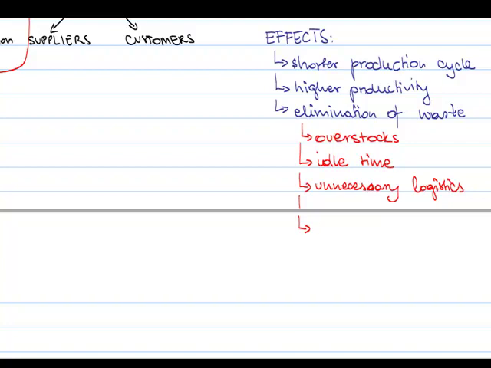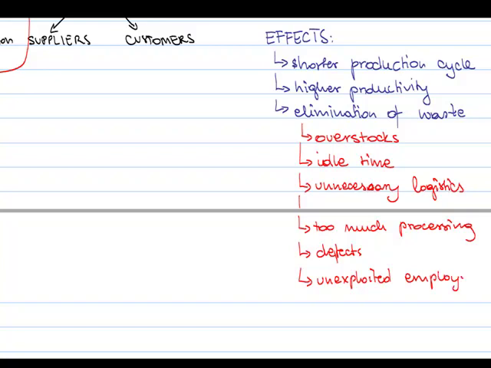Another one is too much processing, when unnecessary operations are affected on manufactured items. Another one is obviously defects, faulty goods. And the last one is unexploited employees' creativity.